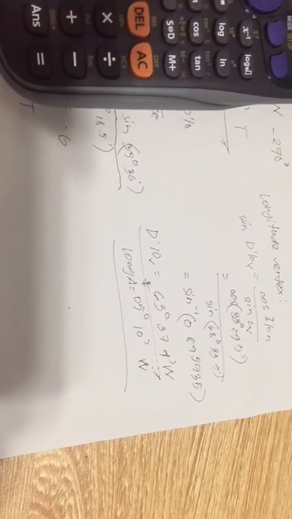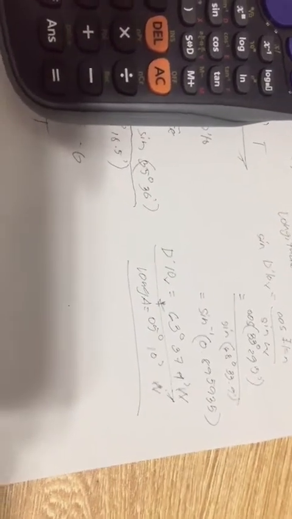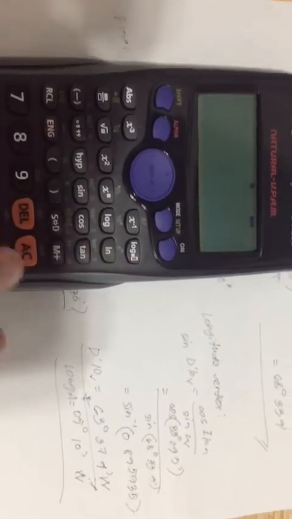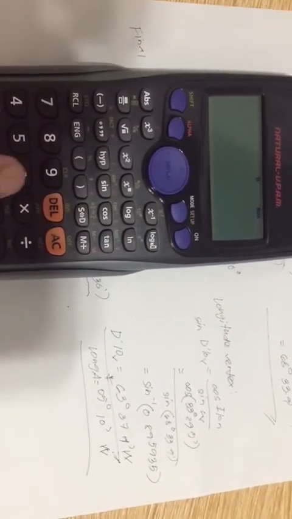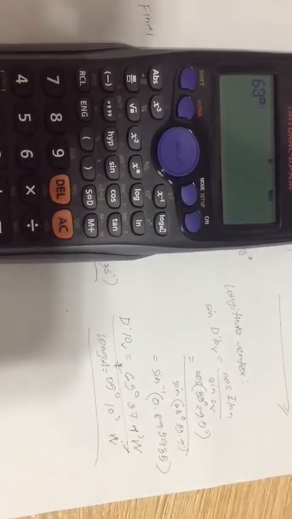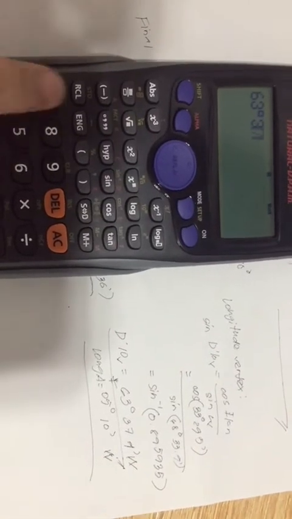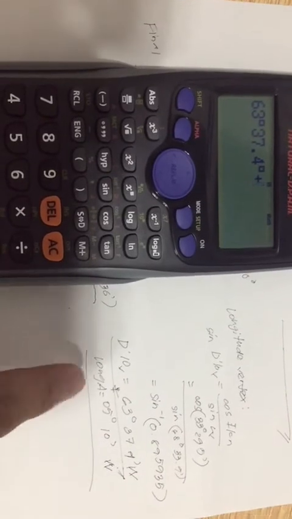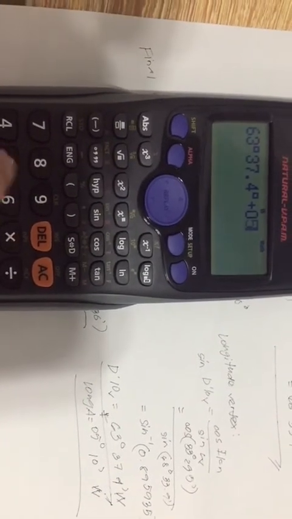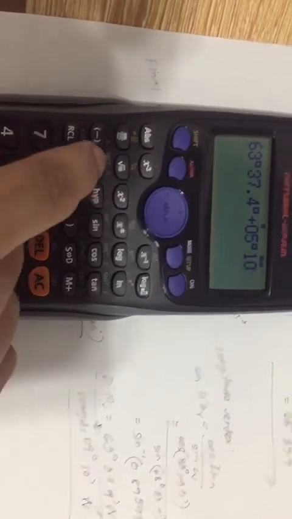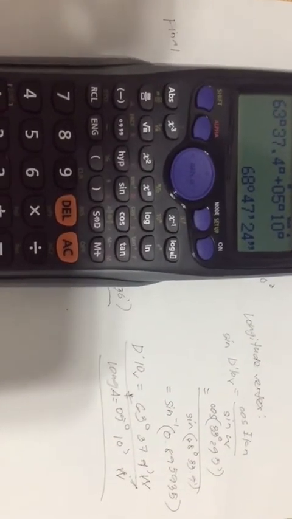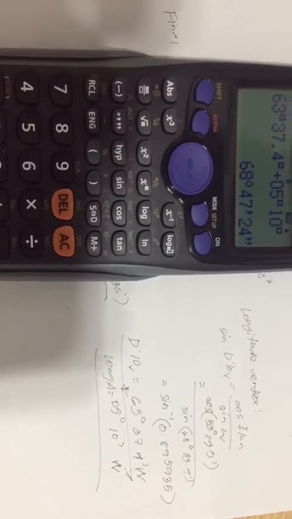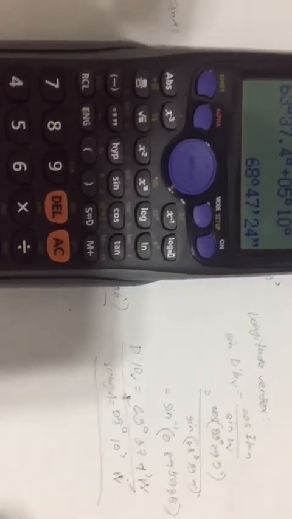We'll use the plus sign to get the longitude vertex. So 63 degrees 37.4 minutes plus longitude A, 05 degrees and 10 minutes, is equal to 68 degrees and 47 minutes.